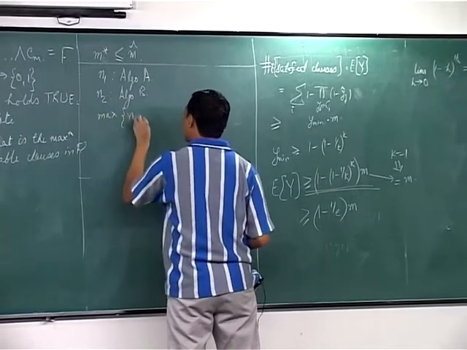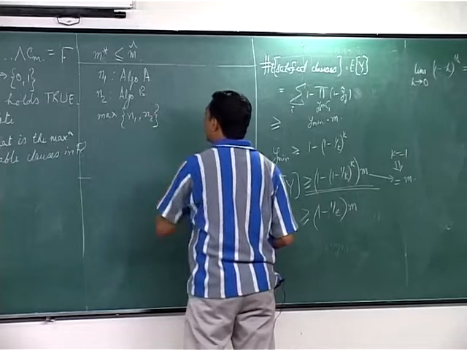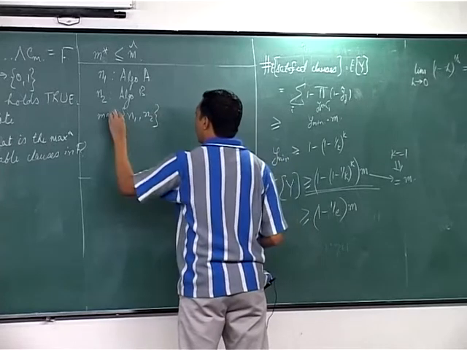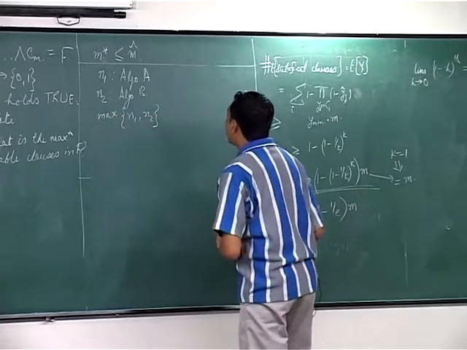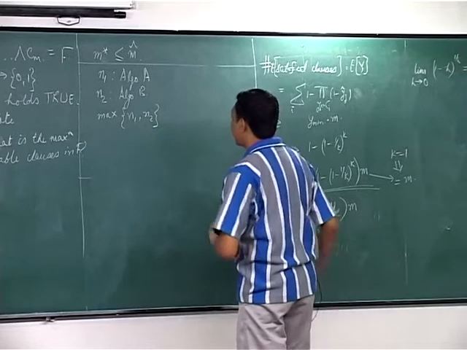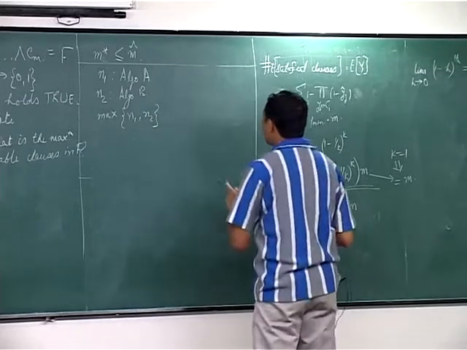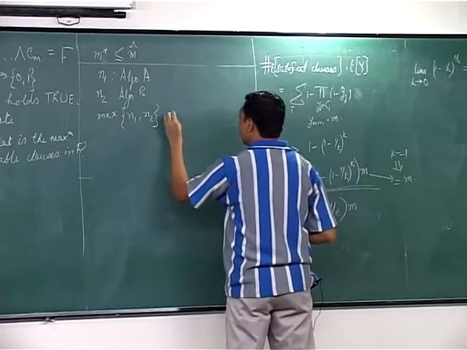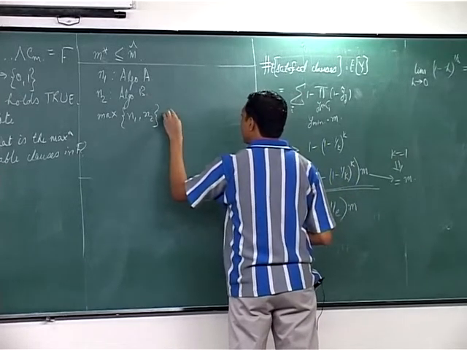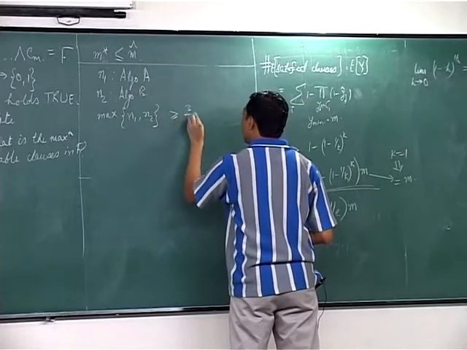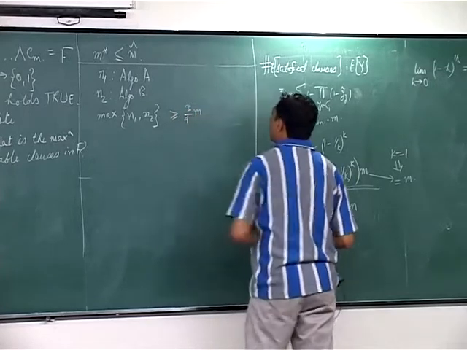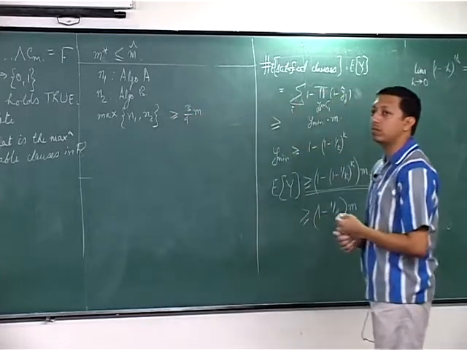The max of N1 and N2, right? Now what can I say about the max of N1 and N2? As it turns out, I can say something like this is at least 3 by 4 times, okay, that's the nice thing.